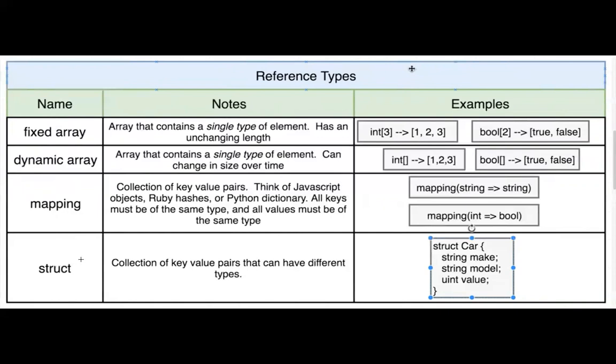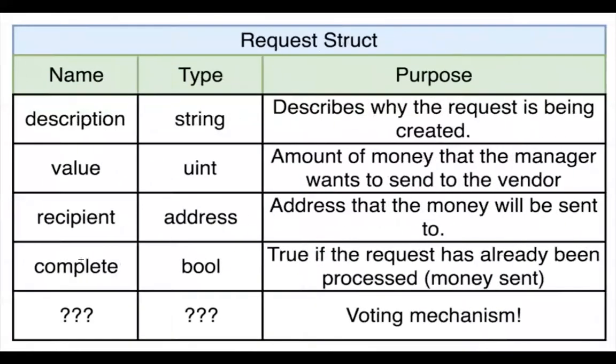And this struct will have a couple of different fields that will describe the purpose of the request. So allow me to present another diagram that's going to help us understand this request struct that I'm going to make. So here's the request struct, and these are names of the different fields that I'm going to place in the struct, and each field has its own individual type and its own purpose.